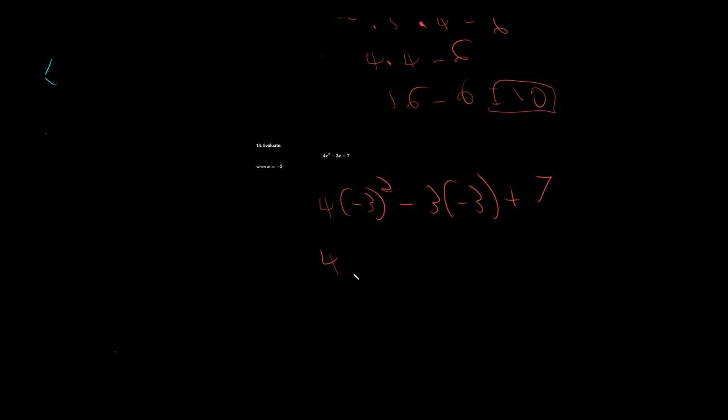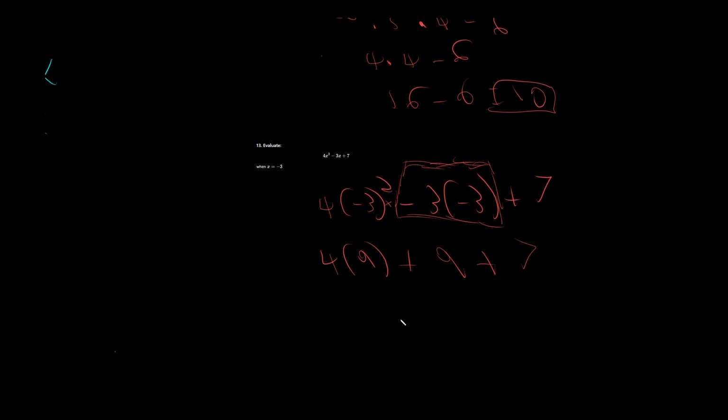So we get 4 times 9 minus, well, this is the same thing as plus -3 times -3, and we just talked about this. Two negatives multiplied is a positive, so this evaluates to 9, so we get plus 9, plus 7.